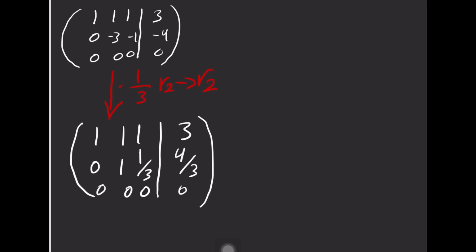Now we want to eliminate the one above that pivot in column 2. So what we'll do now is the simple row operation, which is row 1 minus row 2 in row 1.